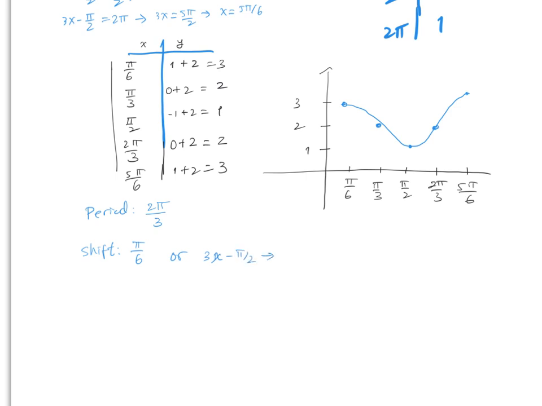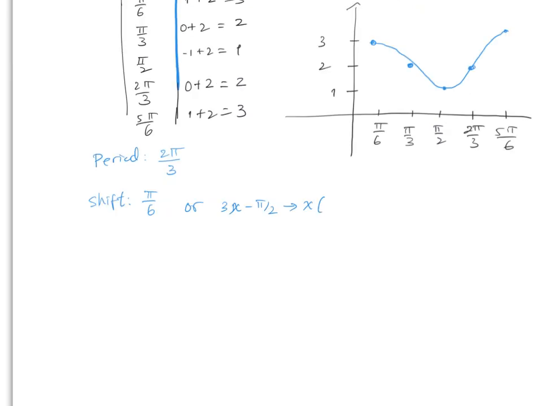So if you factor the 3, this will be x minus pi over 6. So therefore this is the shift. And that's it.